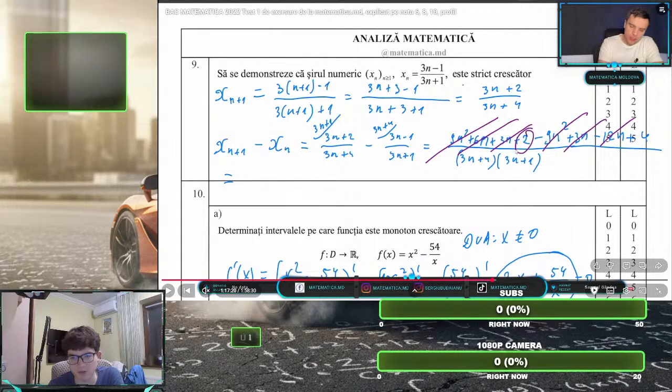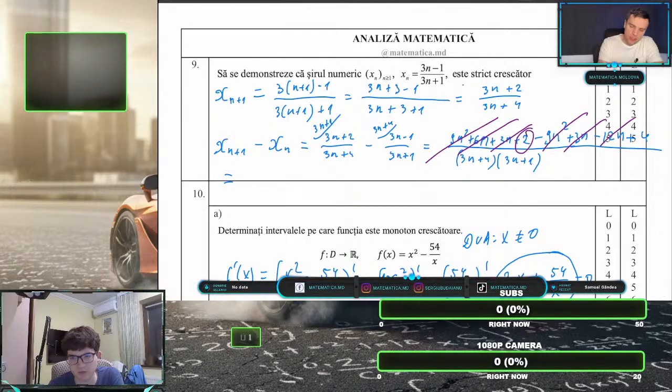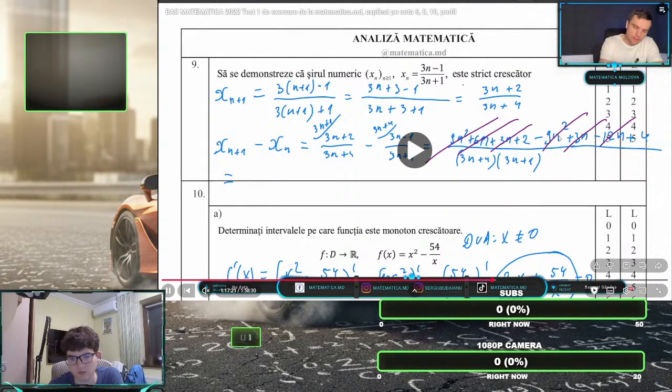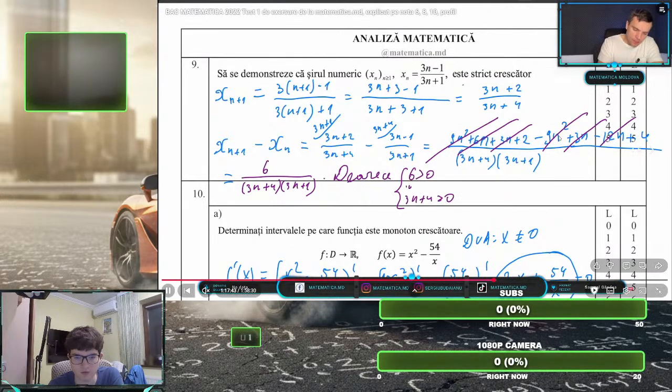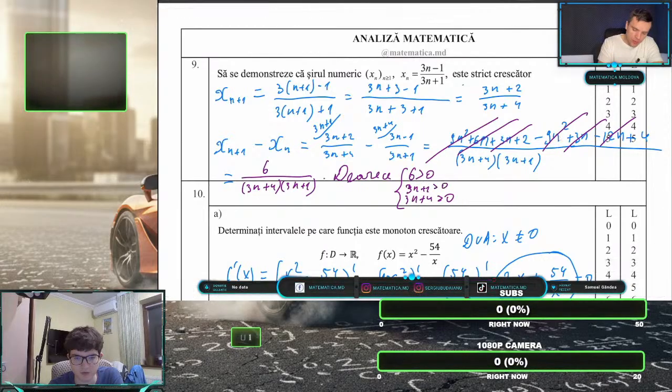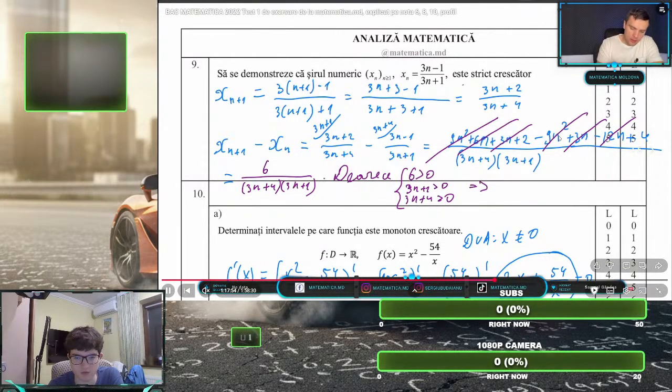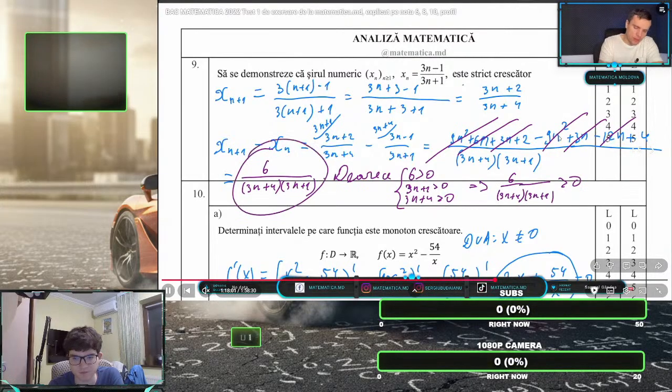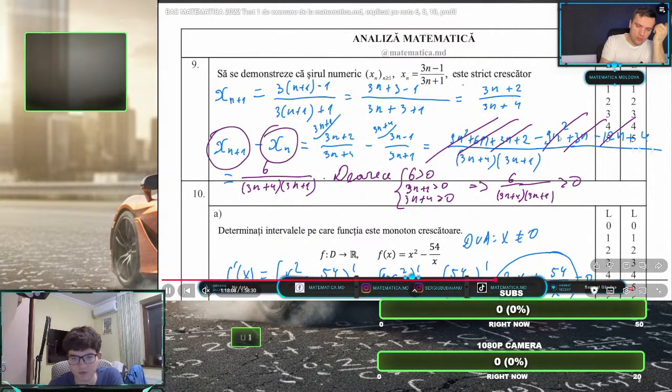Boom, cancel out. 2 with 4, that's 6. So, boom. 6 is bigger than 0, so it's bigger than 0. Can do it like that. I like that, it's bigger than 0.